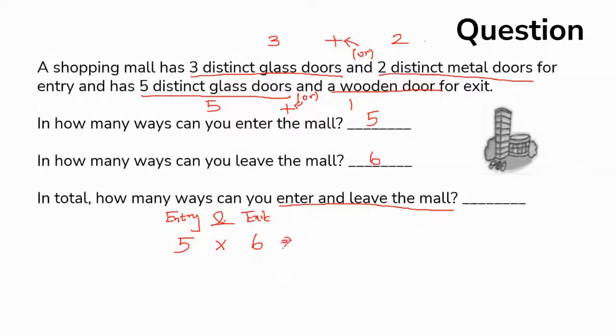So it is 30 different ways I can enter and exit the mall. Whenever an 'or' condition comes, we will be adding between the values. Whenever unconditioned comes, we will be multiplying in between the values. Sorry for the initial confusion.